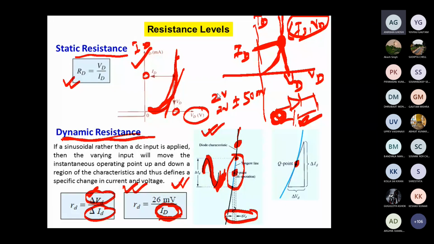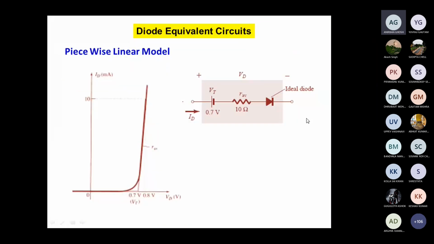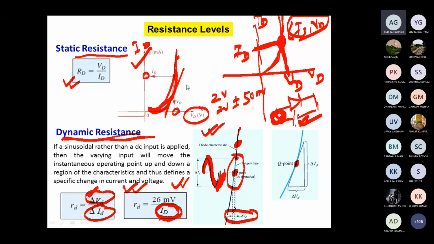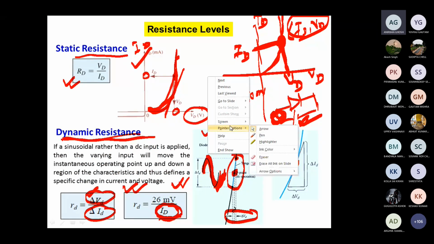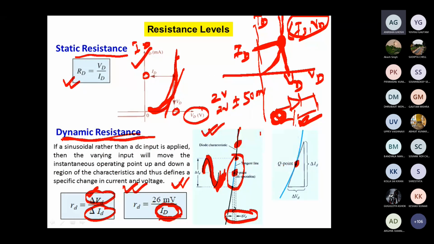You see, that means if you have the characteristics, this is your IV characteristics, suppose. And this is your Q point.